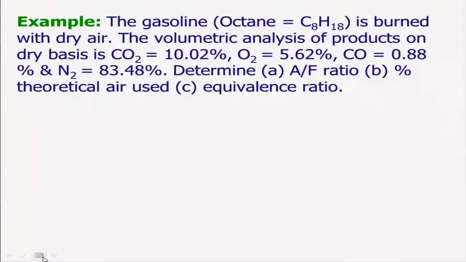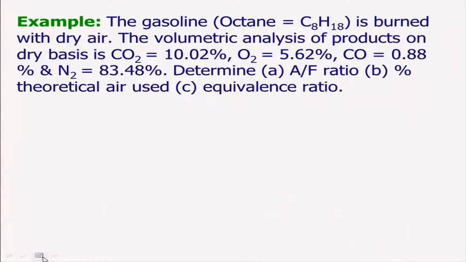At that time you cannot consider the air to be dry, because we generally take air from the atmosphere and use it for combustion. But we are considering dry air, that means it will not have any water particulates or moisture.